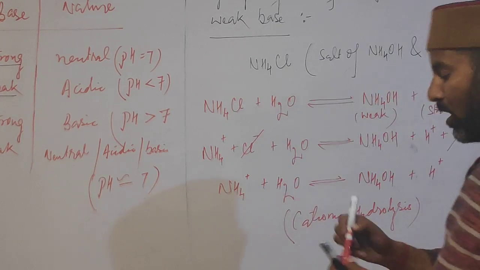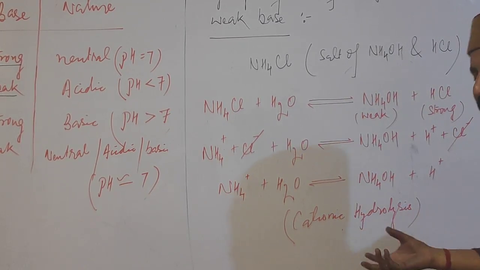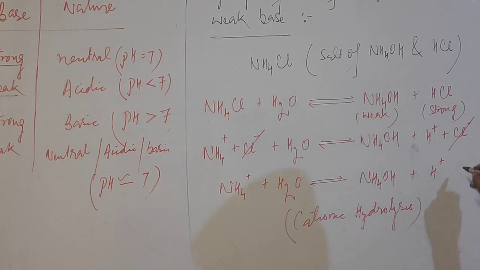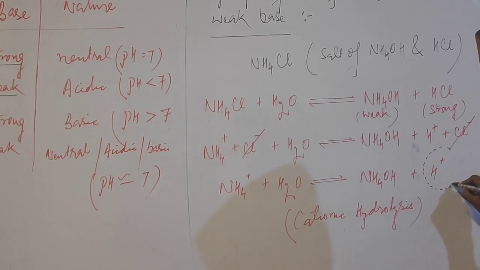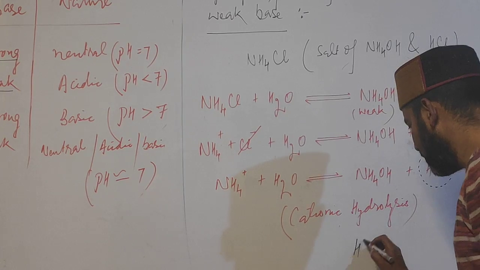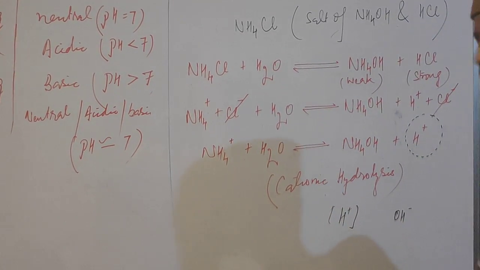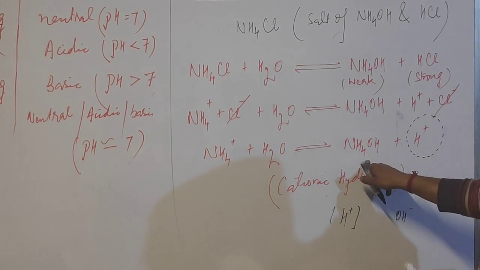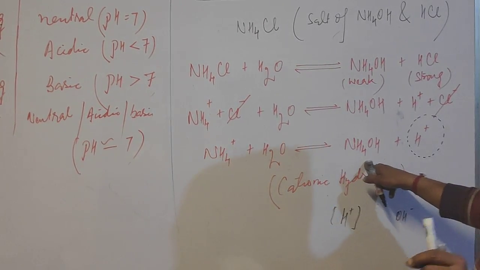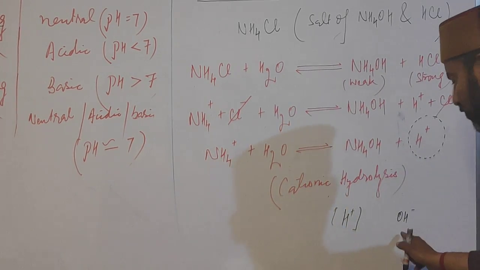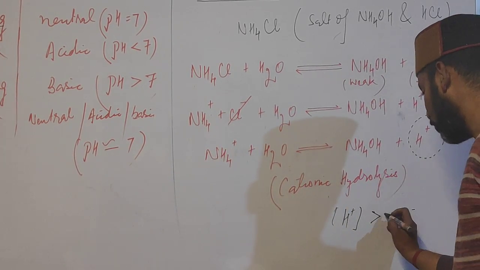Now students, how to predict whether this solution will be acidic or basic? See students, you can see that in the solution H positive ions are very high, OH negative ions will be there but very few. Why? Because ammonium hydroxide is a weak base and therefore it undergoes ionization slightly. So we have very few OH negative ions.